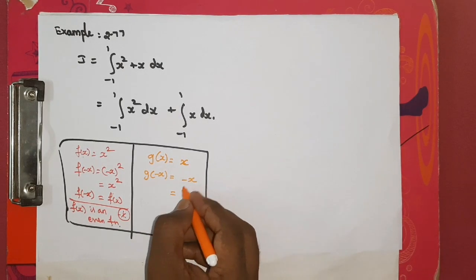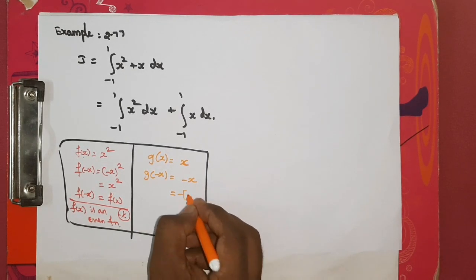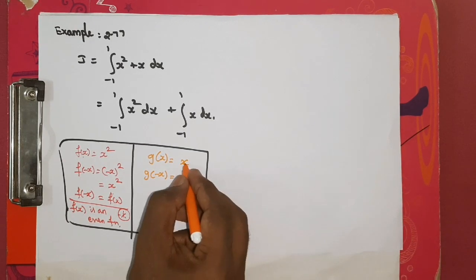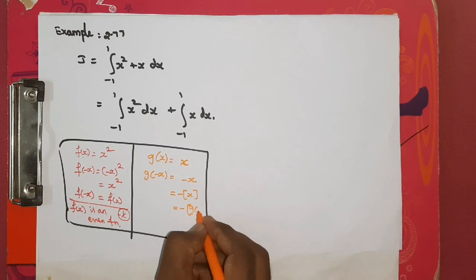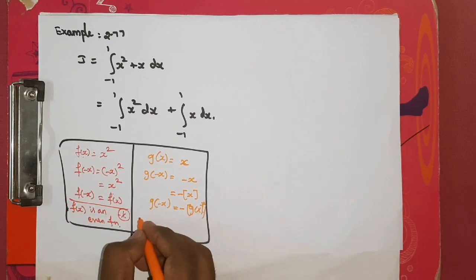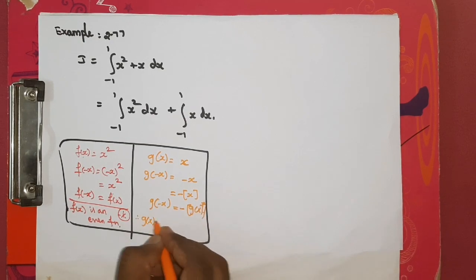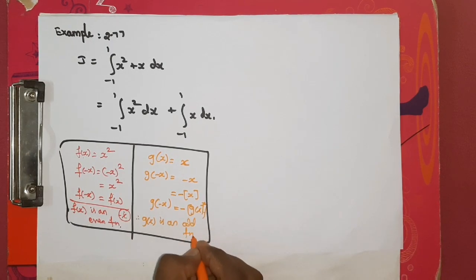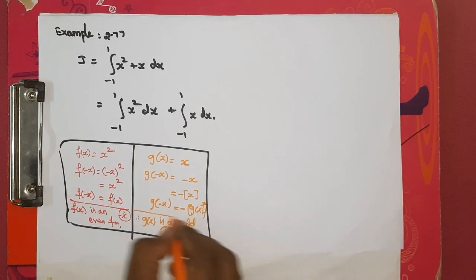So g of minus x is minus of x, which is minus g of x. Therefore g of x is an odd function, right? So this result is important.